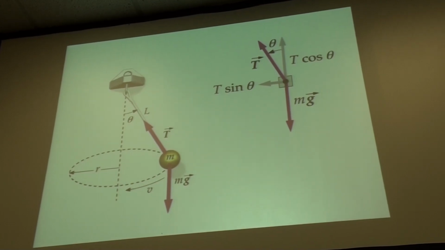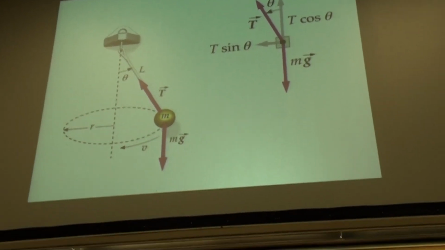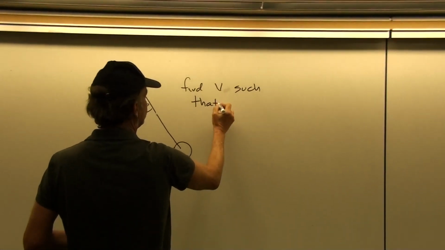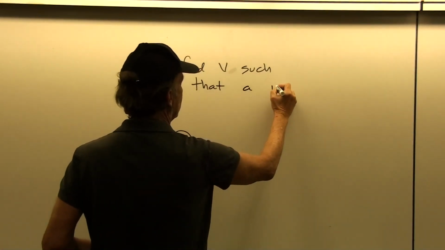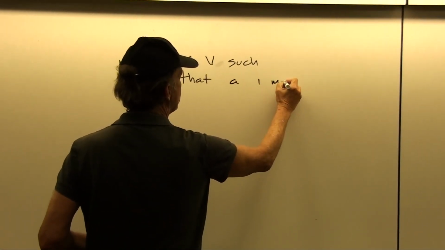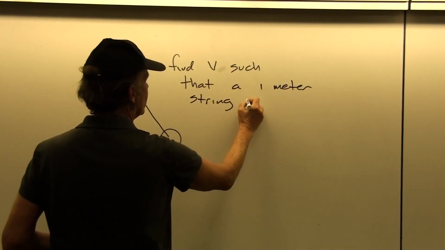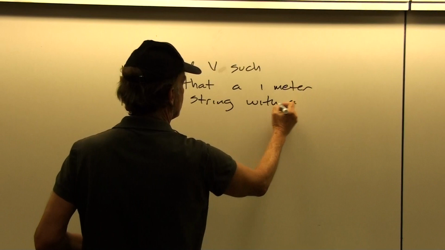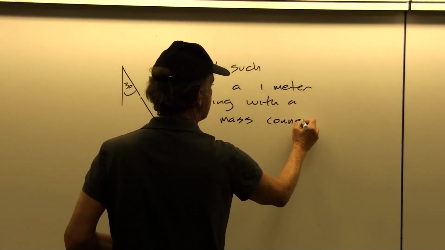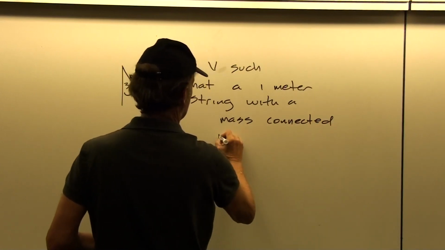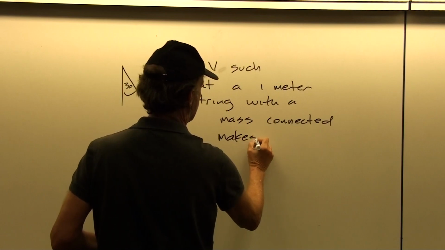Let's find the velocity such that a 1 meter string with a mass connected makes a 30-degree angle with the vertical.